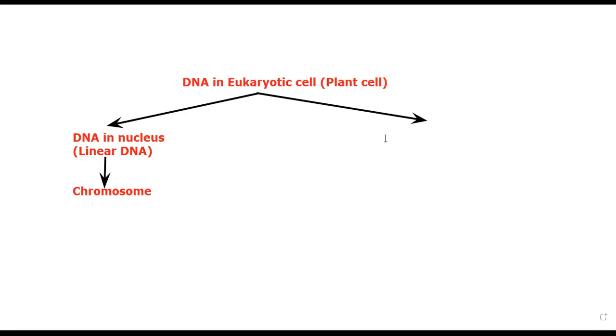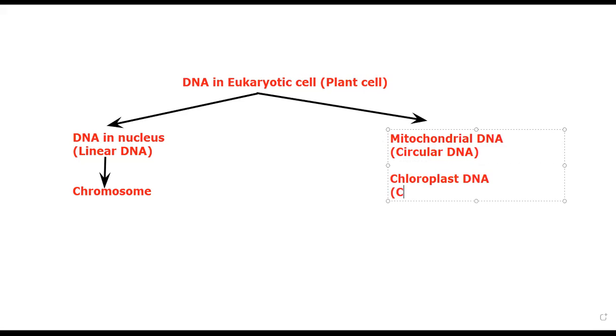On the other hand, in the eukaryotic cell, there is mitochondrial DNA. It is circular DNA, and there is chloroplast DNA. It is also circular DNA.